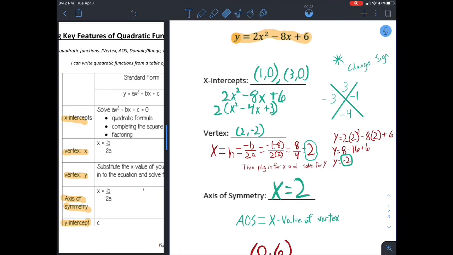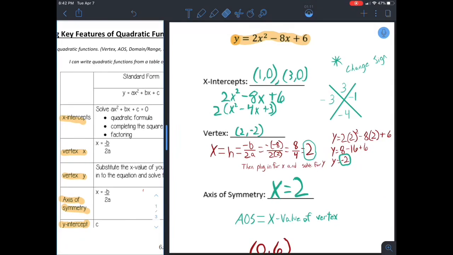So we found our x-intercepts by factoring. We needed a number that multiplied to give us positive 3 and added to give us negative 4. So negative 3 times negative 1 is positive 3, and negative 3 plus negative 1 is negative 4, so that works. We used our formula found on the table for vertex, x equals negative b over 2a.